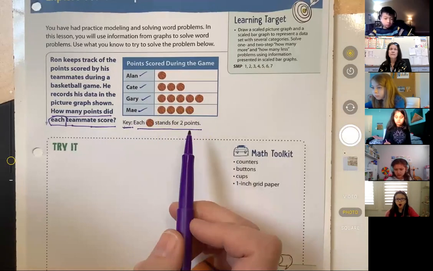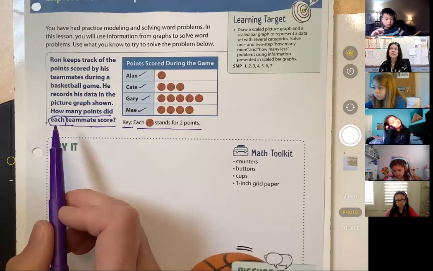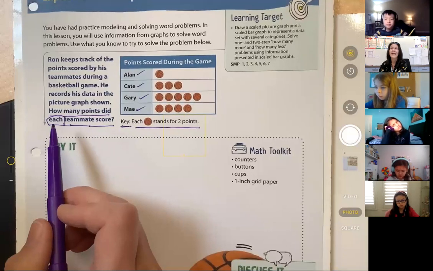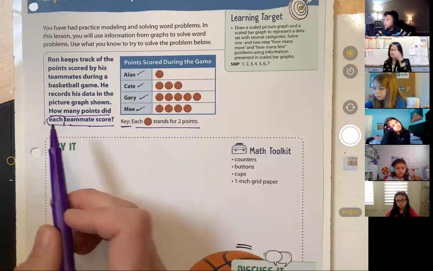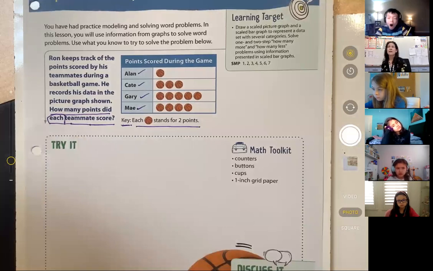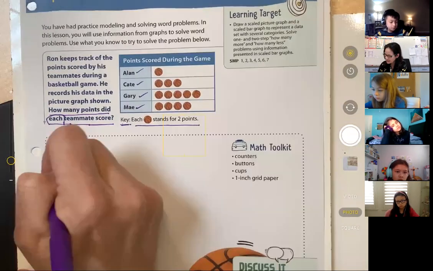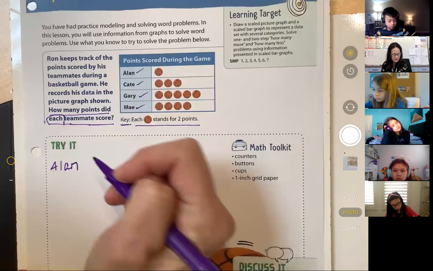All right, so going back to my close read, how many points did each teammate score? Well, my students know I like to break things apart. I like to help my brain. My students also know that I like using lots of color because colors help my brain. So I'm going to break it apart. Here we go. I need to find Alan. That's my first.